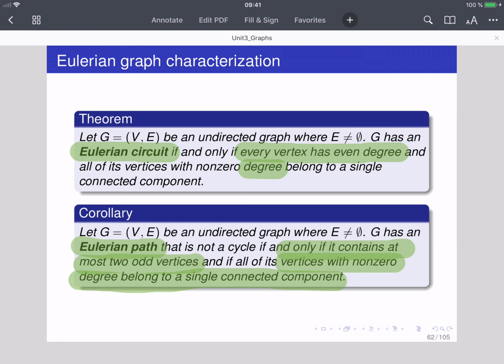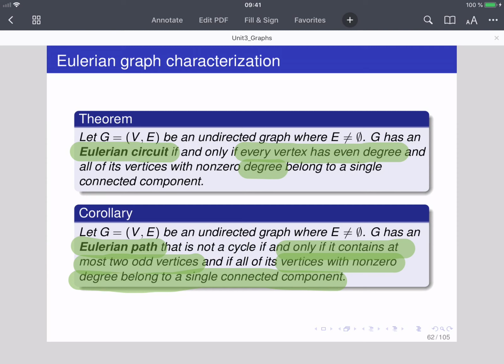So again, it's very easy to check whether a given graph has an Eulerian circuit or path. You only have to count the number of vertices with odd degree, and if it is 0, you have the Eulerian circuit.